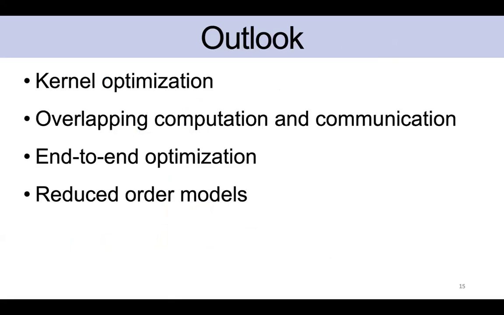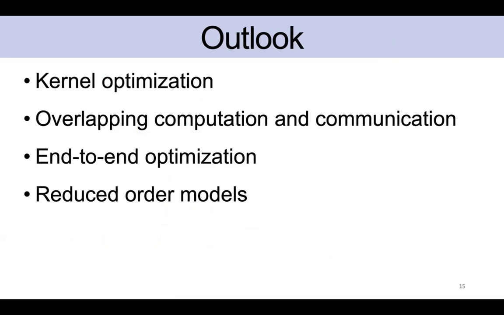The next step is we would like to do some kernel optimization. Currently, the results that we have are only for the RTX A1000. We would like to check different GPU architectures, because sometimes you need a different implementation to fully optimize your kernels.